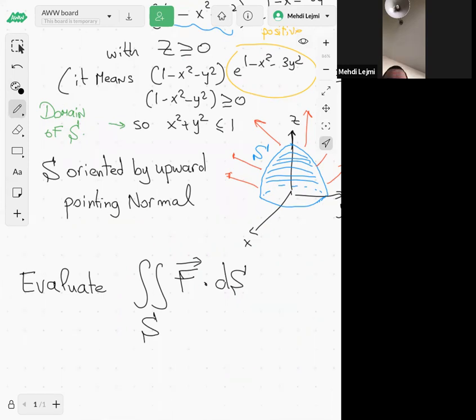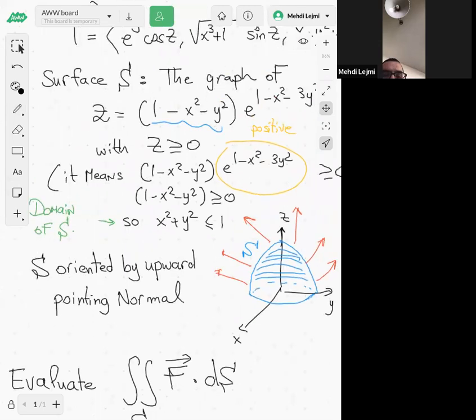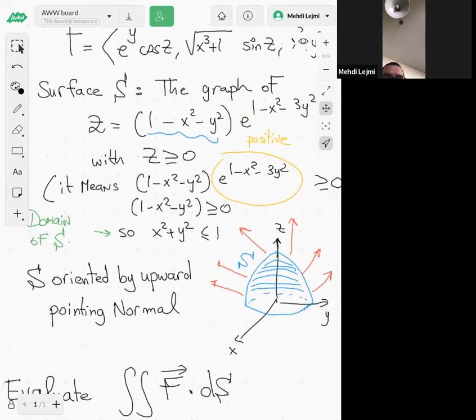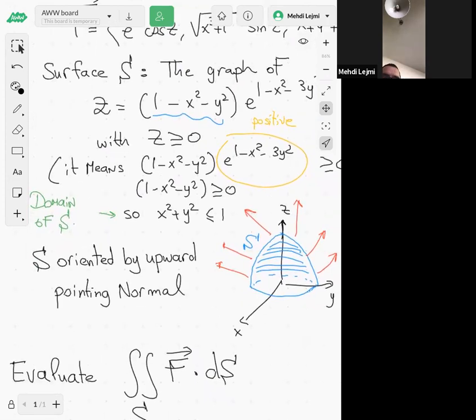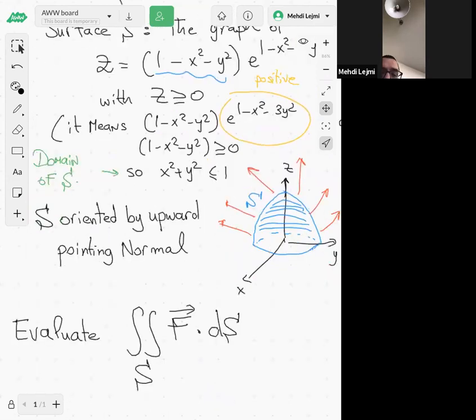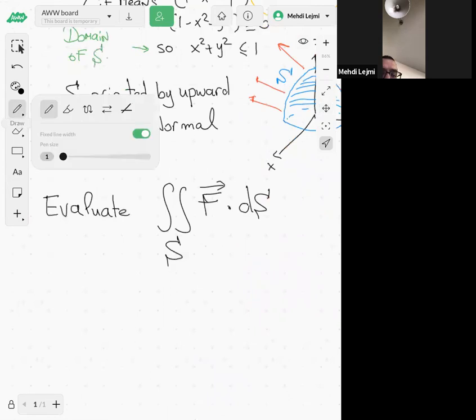Of course, you want to parameterize this S. S is just the graph of this function here, which means you can parameterize S with u, v, and then the z component would be this function.